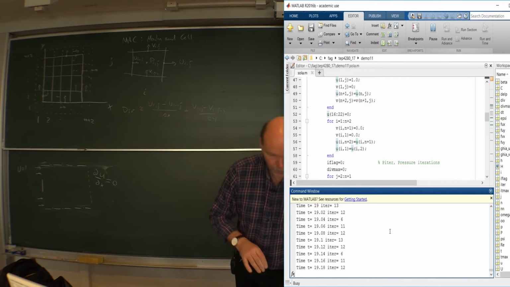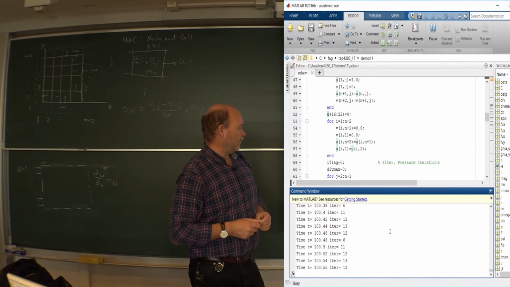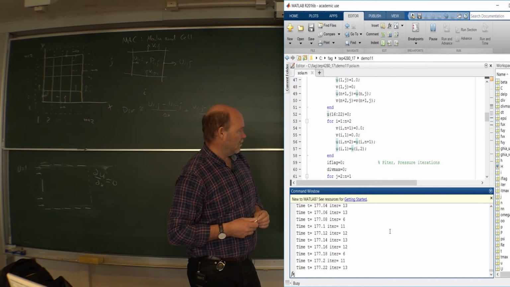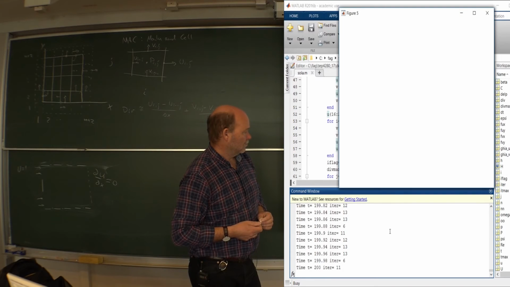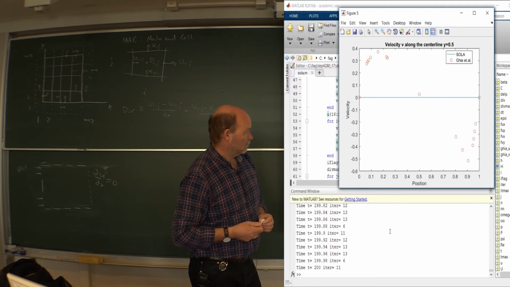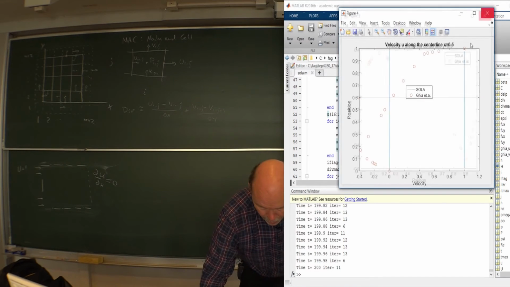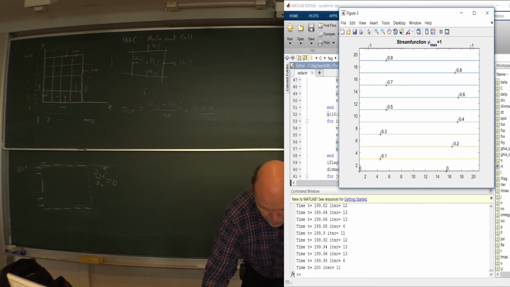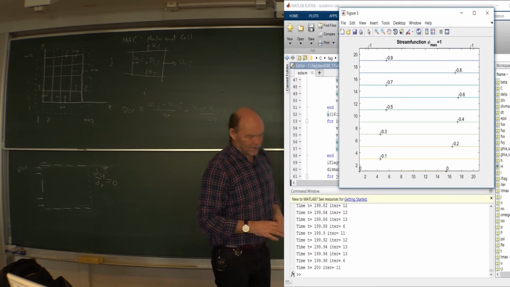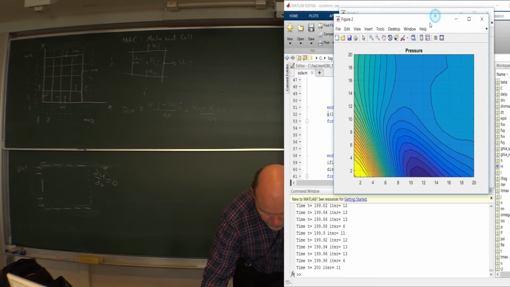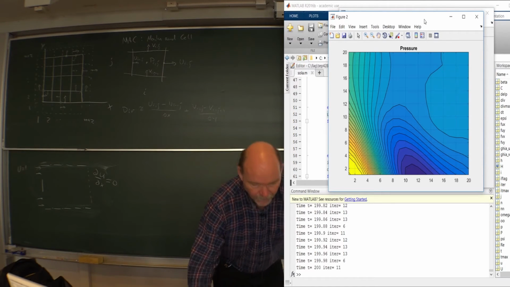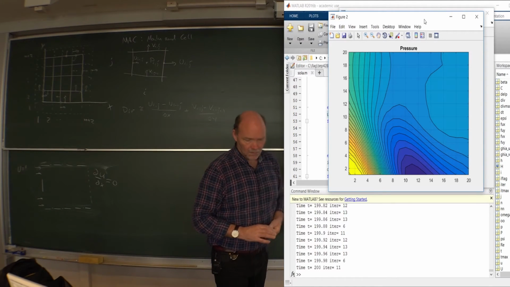He wants a smaller one. I skip that and force him to simulate anyway. Of course, the comparisons here, they don't match. Streamlines, just straight lines. That was not what I hoped for. Pressure looks very strange, doesn't it?